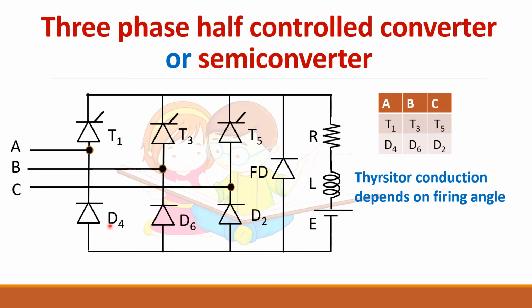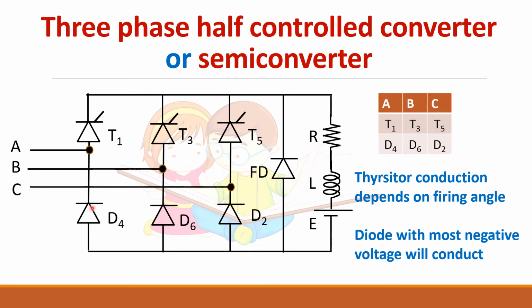The diode connected to the most negative voltage will conduct first. Suppose A phase has the most negative value, then D4 will conduct. If B phase has the most negative value, D6 will conduct. So the conduction period of the diodes remains fixed. Since 3 diodes are there, each diode will conduct for 120 degrees.